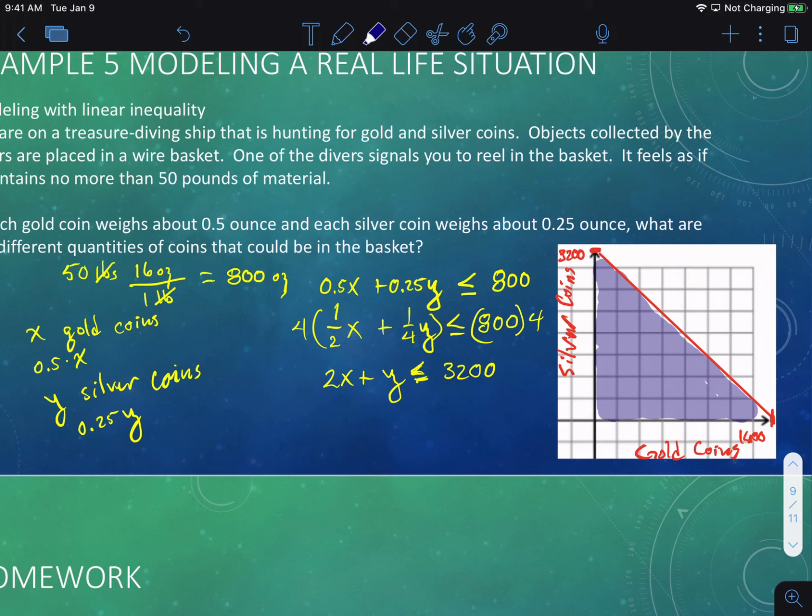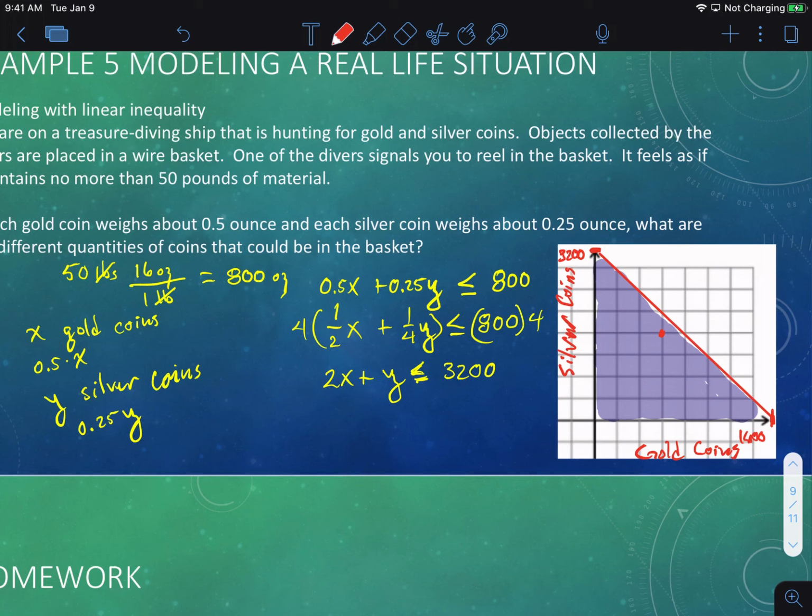So there's the possibility of all the coins. I could just pick a spot here and say, how about this? Could I have as many as, let's see, 1, 2, 3, 3/8 of 1,600, which would be about 600 gold coins?